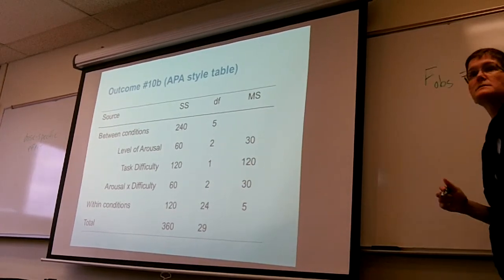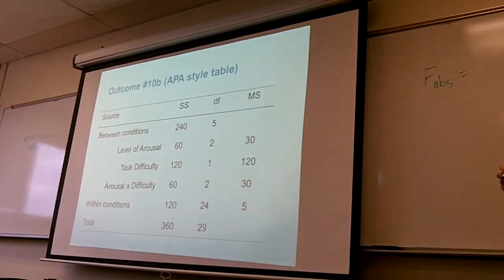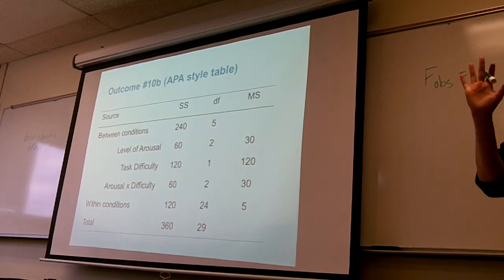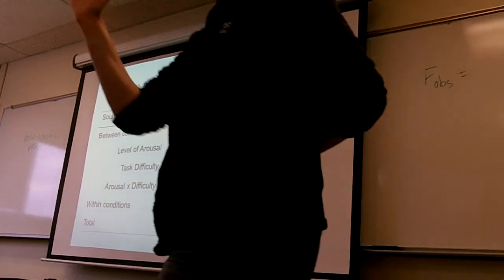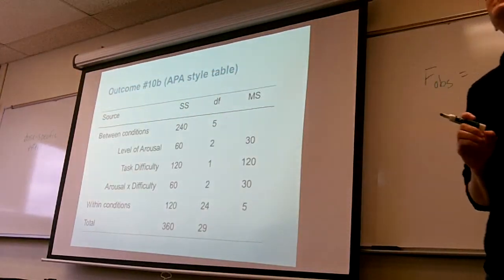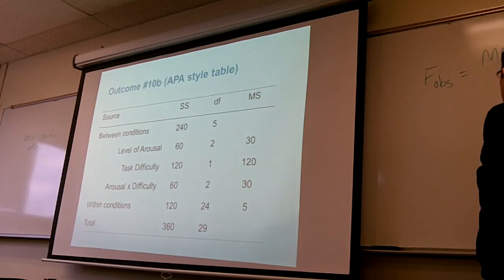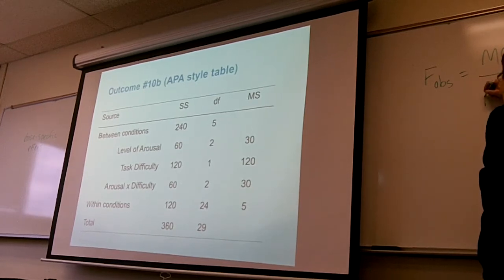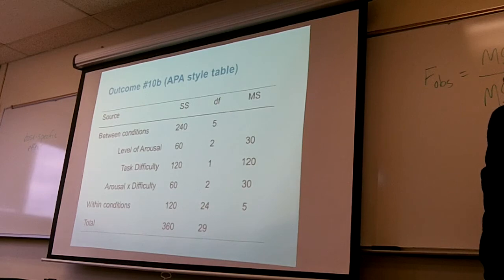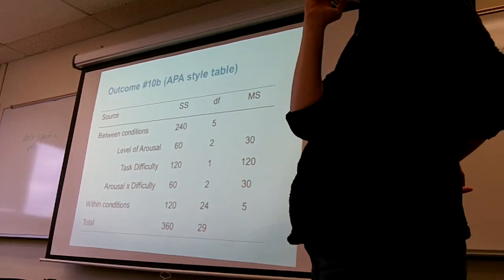For one-way ANOVA, you just did a test. How do you do F observed? MS BC over MS. Right? Remember? It's in there somewhere.